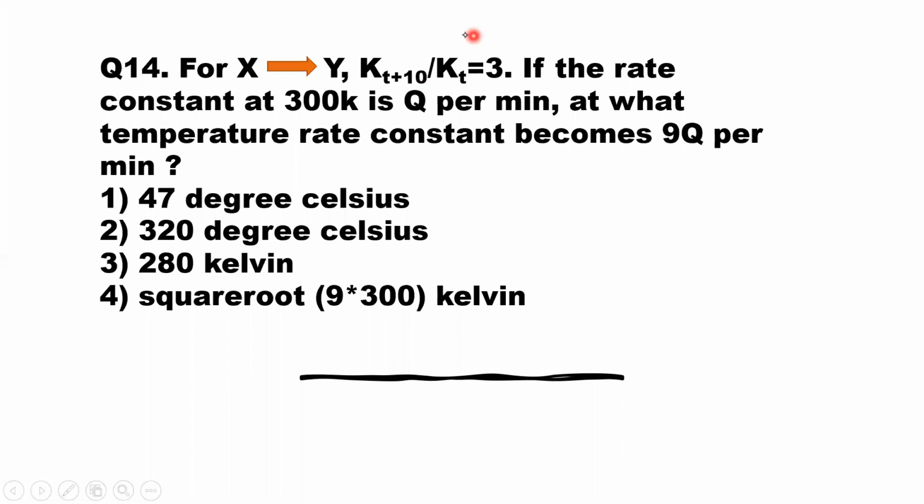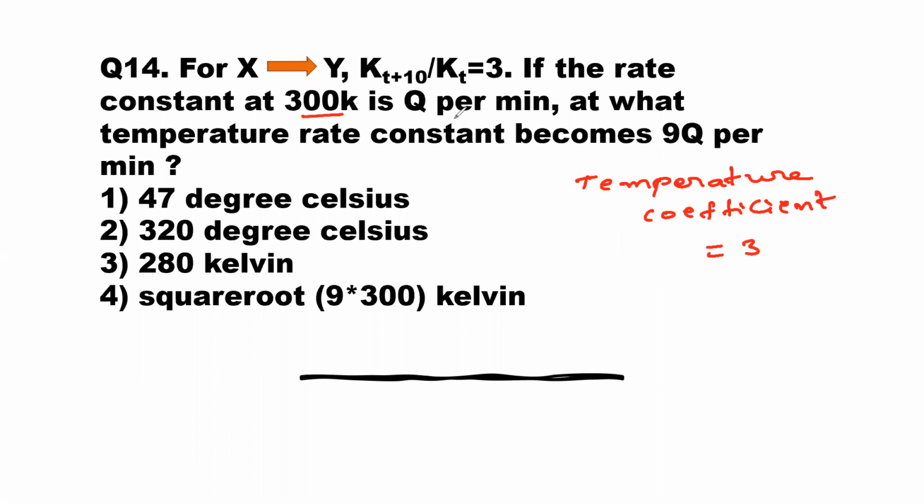Here you can see the same model we had in the first question also. So this is called temperature coefficient. If the temperature coefficient of the rate constant is 3, and at 300 kelvins the rate constant is Q per minute, then at what temperature does the rate constant become 9 Q?